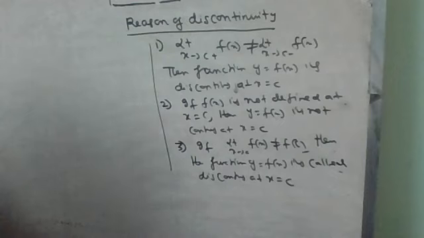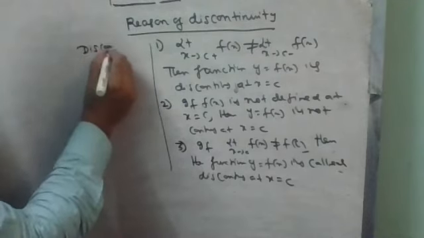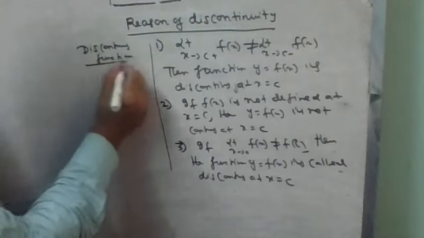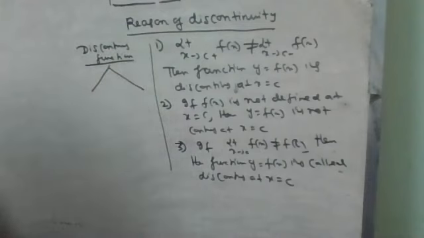Now, these discontinuous functions have many branches. A discontinuous function can be split into two types.